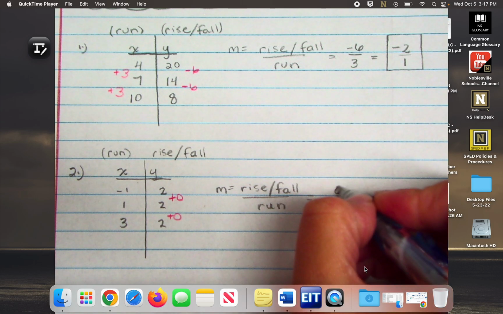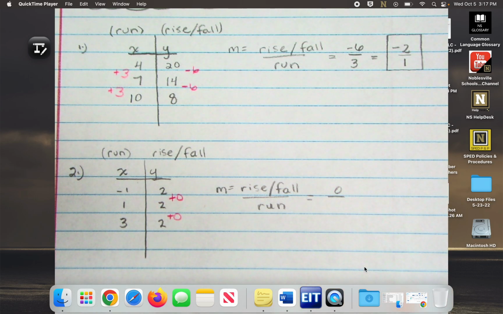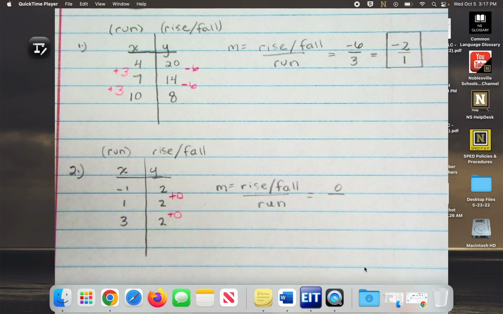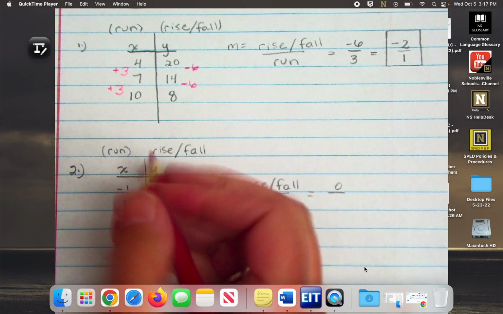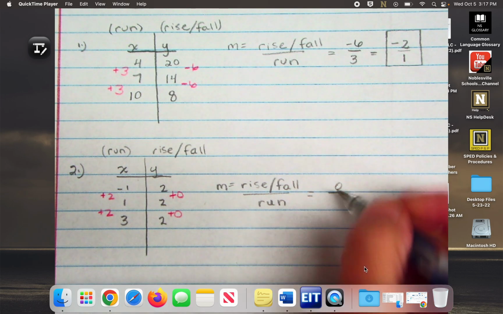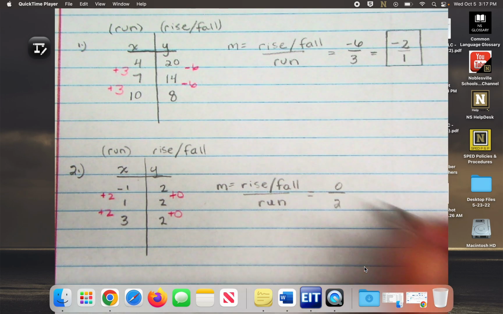So that means that I'm going to have 0. We're not there yet. Don't jump to conclusions, guys. What's happening with my x values? +2. Minus 5. So it is minus 5.